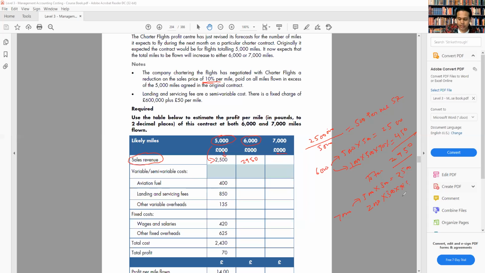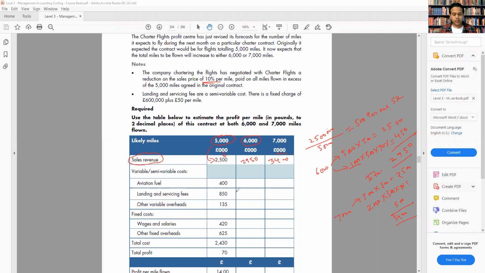So 2000 times 500 times 90% gives me 900. So 900 plus 2500 gives me 3400. Very good, 3400.